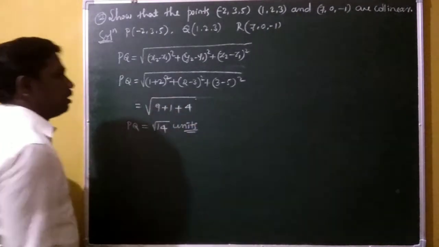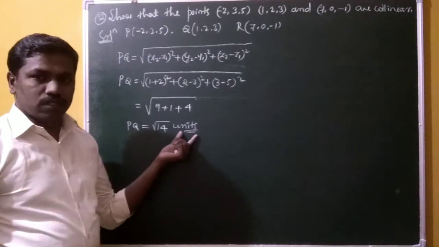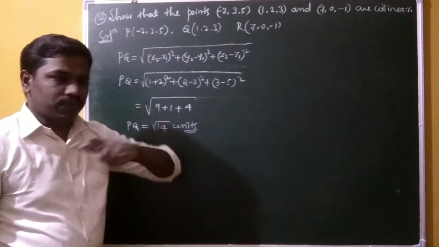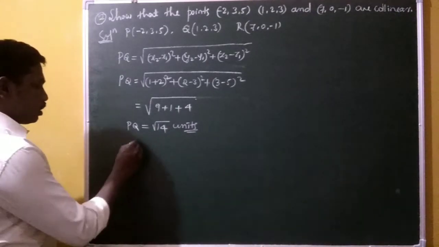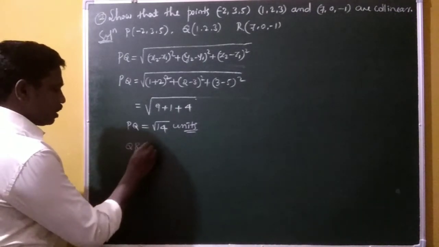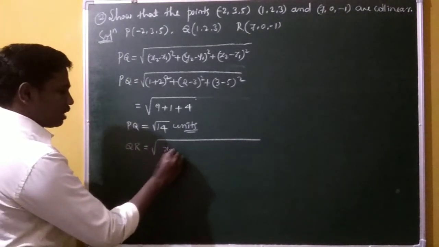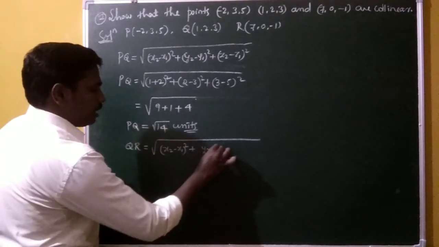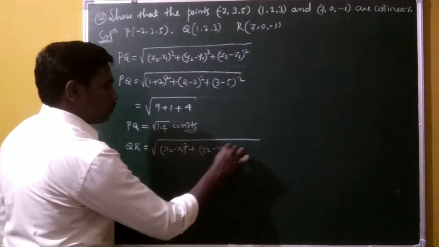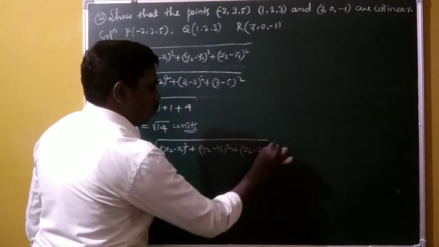In general, the unit can be just units, or kilometers, meters or centimeters, so it can be anything. Okay, next the distance QR is defined as, again, the formula, so practice happens: (x2 minus x1) whole square, next (y2 minus y1) whole square, next (z2 minus z1) whole square.